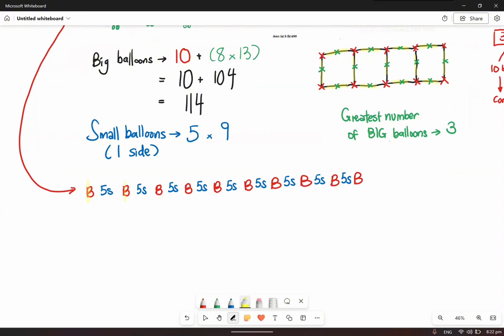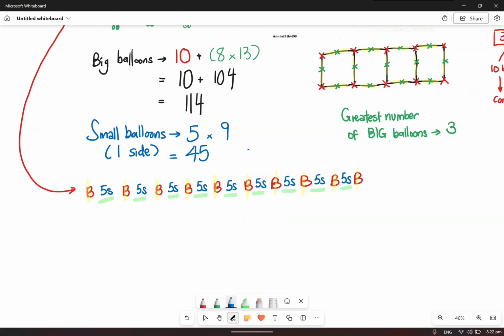So if I have 10 big, then I must have 9 small. Make sense? So in that situation, I'll basically get to 45. So that is only one side.